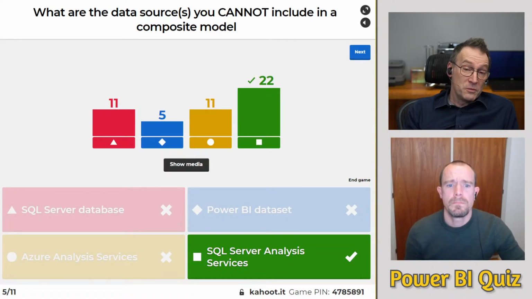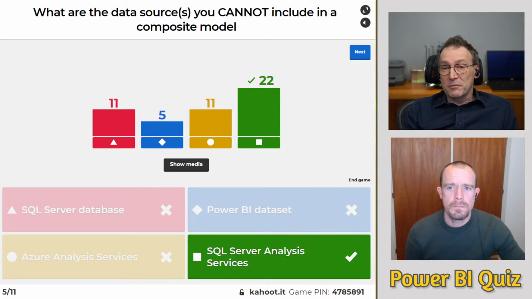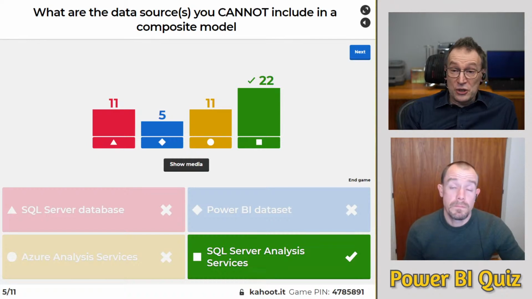Whatever you can do with a Power BI dataset, you can also do with Azure Analysis Services. SQL Server Analysis Services, the box version, is not yet completely up to date, and we have no idea if and when it will receive the update. So as of today, you cannot build a new composite model on top of Analysis Services on-prem.